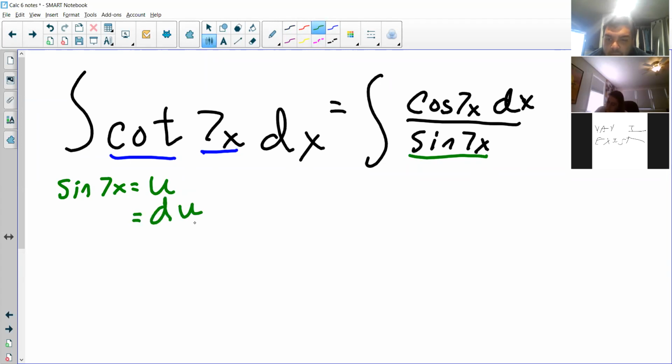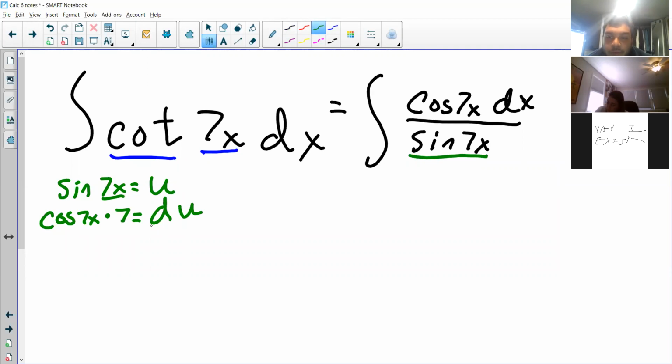So that's du. In this case, I need the derivative of sine 7x. Because it's a 7x on the inside, we're going to have to do the chain rule. So the derivative of sine is cosine 7x, times the derivative of the inside, which is just 7.